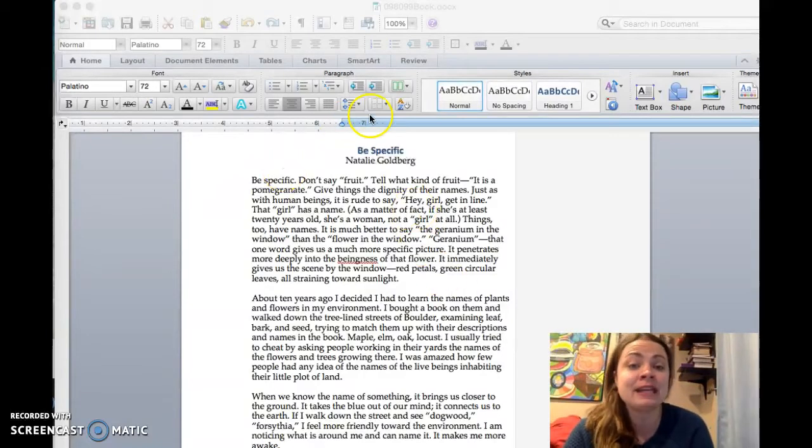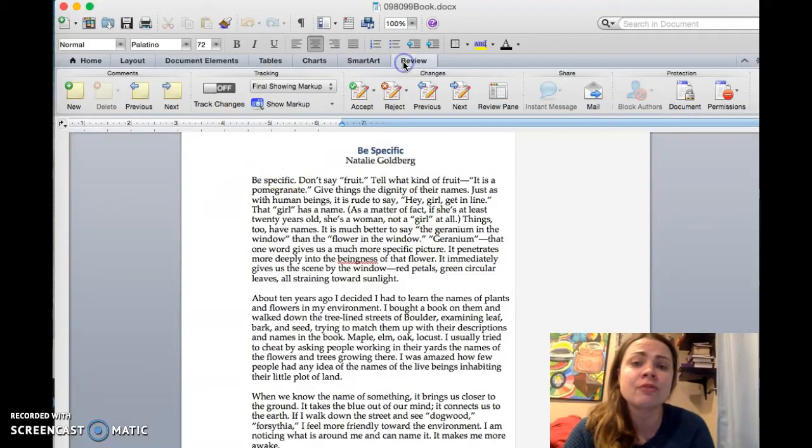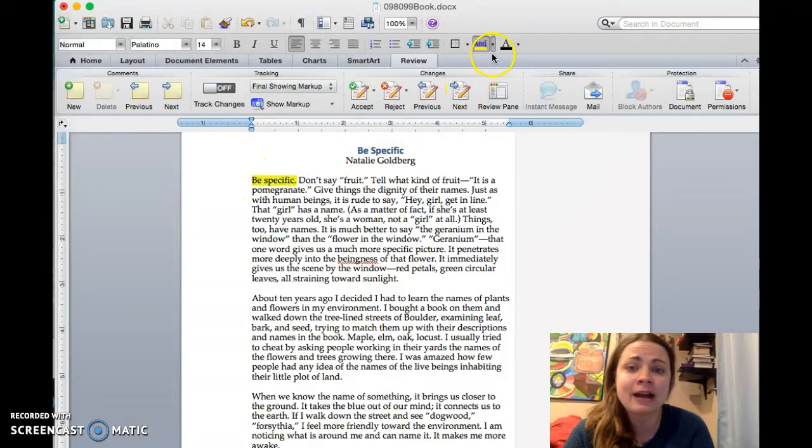So if we are annotating it, and again, I'll click on review. I might do some highlighting as well. So what I'll do is to highlight the main idea in yellow, okay? Be specific is the main idea of that paragraph. So what are our details? Well, she's got a lot. Here's an example of being specific. We're going to undo that.